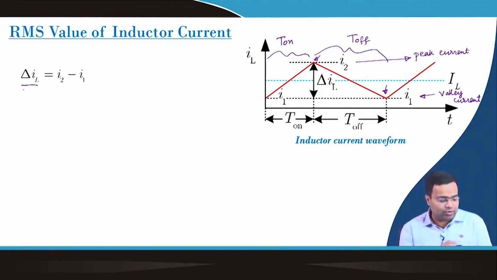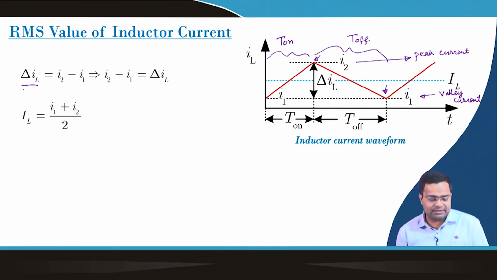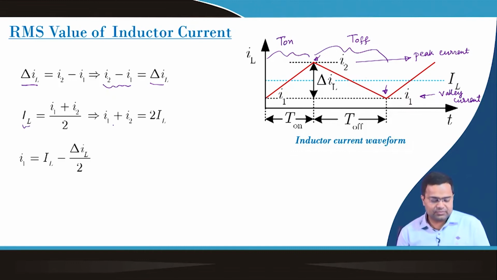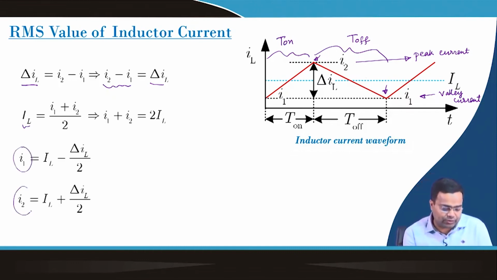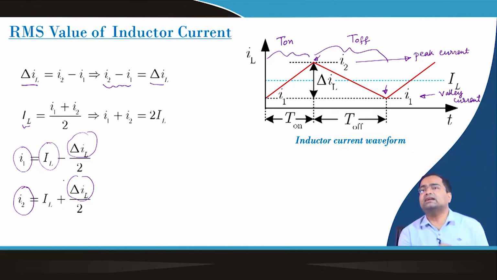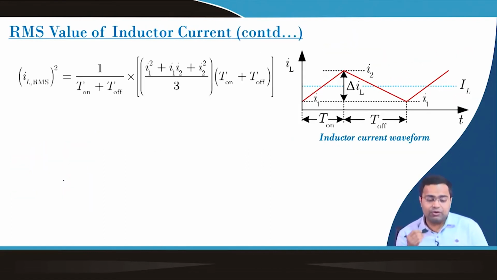So, we can find out the ripple current in terms of peak and valley, and we can get the peak and valley expression in terms of delta IL. We can also get the average inductor current in terms of this quantity. Why is it important? We have to find I1 and I2 in terms of average inductor current and the ripple current, because we want to find out the RMS current. The RMS current is what?